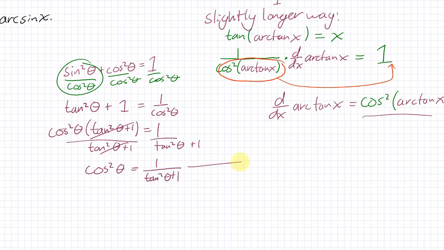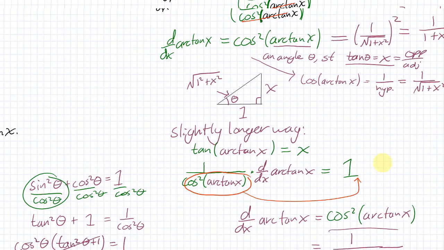And that way you can also use a trig identity here to say that this is equal to 1 over tangent squared of arctangent of x plus 1. And anyways, tangent of arctangent just cancels out to be x, and then when you square that result, we just end up with x squared plus 1, which is the same thing we got before.